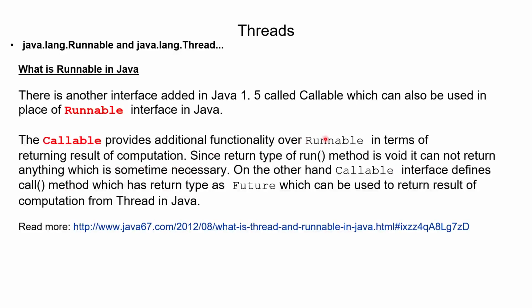On the other hand, the callable interface defines the call method, which can return data, returns a type as future, which can be used to understand or return data on computation from the thread running in Java. So please take a look at this link here for more information on callable and runnable.